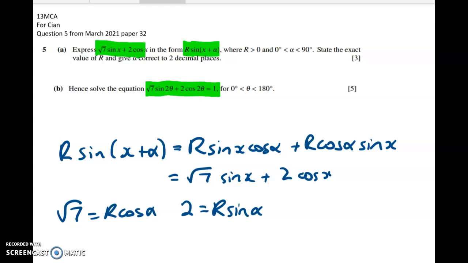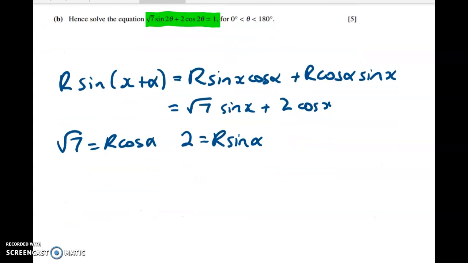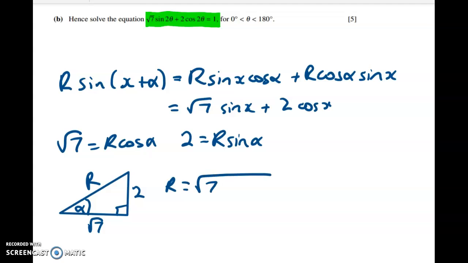If we just think about our little right angle triangle, here's r, and we've got alpha here, root 7 here, and 2 here. So r by Pythagoras is going to equal the square root of root 7 squared, 7, plus 2 squared, which is 4. So r is going to equal root 11.